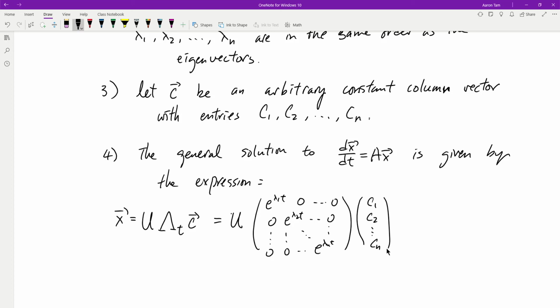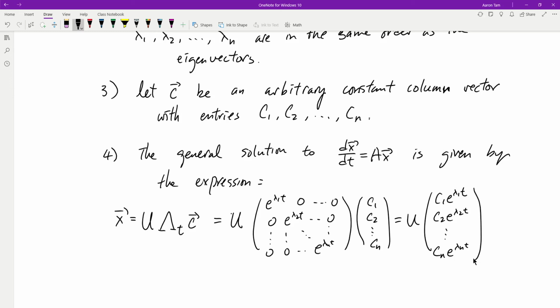So when you multiply this together, guess what happened? What happened is there will just be C1 times e to the lambda 1t plus a whole bunch of 0. So therefore it becomes U multiplied by C1 e to the lambda 1t. And then the second row multiplied by column will just become C2 e to the lambda 2t, and so on and so forth until Cn e to the lambda nt.